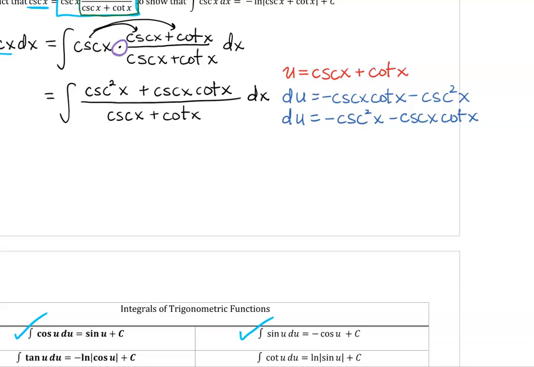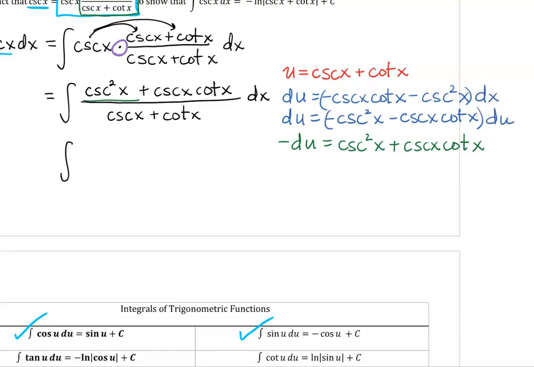And so I'm going to change their sign by dividing du by -1, or multiplying both sides of that by -1, to see that a negative du would be equal to a positive cosecant squared x plus cosecant x cotangent x, which is exactly what we have in the numerator. And so now we're ready to start doing some substitution. Oh, y'all, I have not written my dx. So go back to all these du's and make sure you put a dx on the end of that.